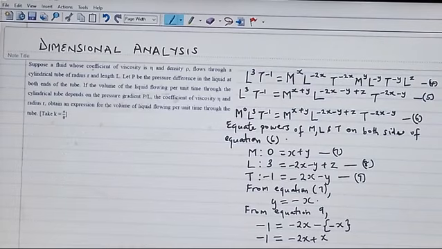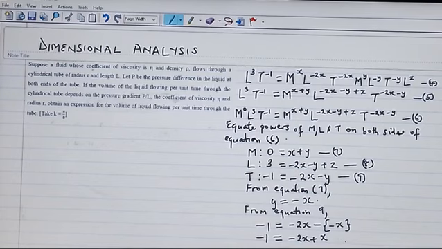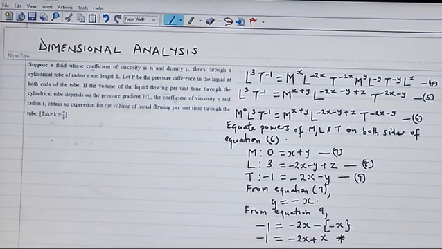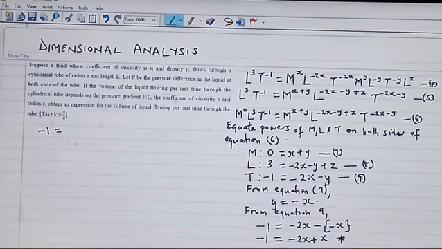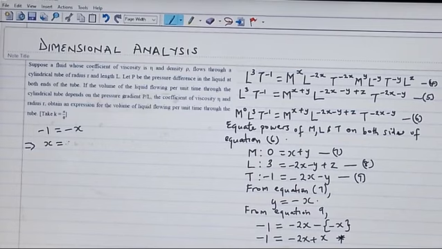What is minus 2x plus x? It is minus x. So that implies that x is equal to 1.